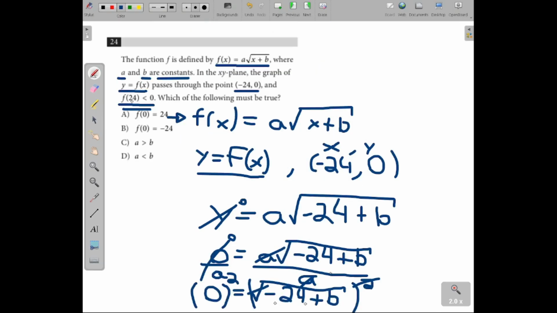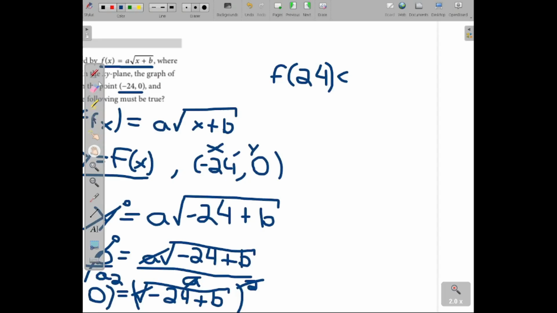Let's see what we can get with this condition. F of 24 has to be less than 0.